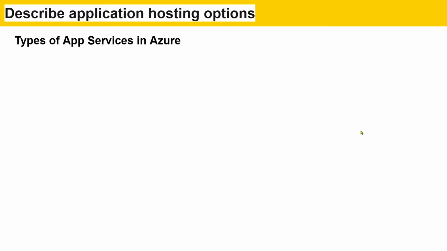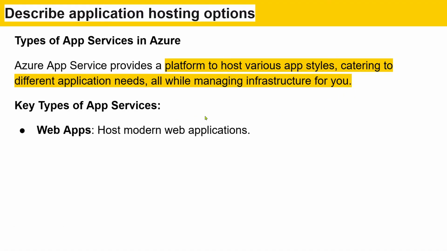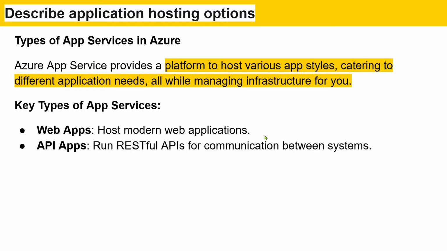The types of app services in Azure. Azure App Service provides a platform to host various app styles catering to different application needs, all while managing infrastructure for you. So what does that mean? The key types of app services: one is a web app, to host modern web applications. The other one is API apps.